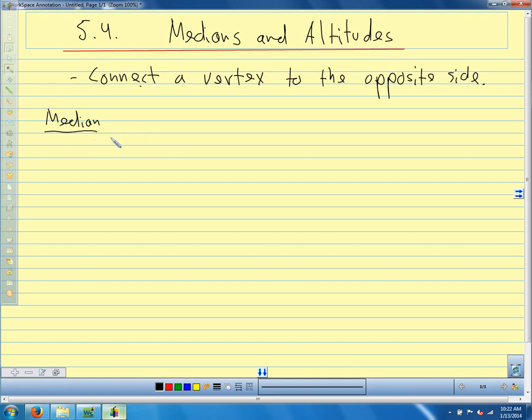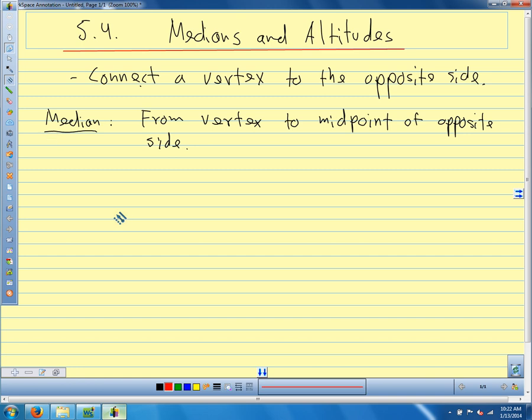The median goes from a vertex to the midpoint of the opposite side. So let's draw a triangle and draw one of its medians.